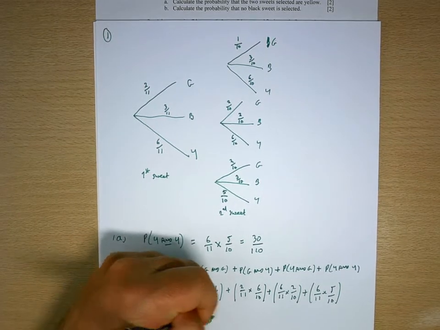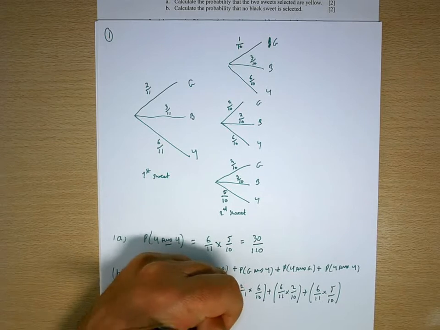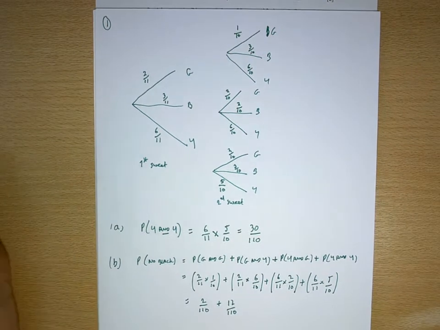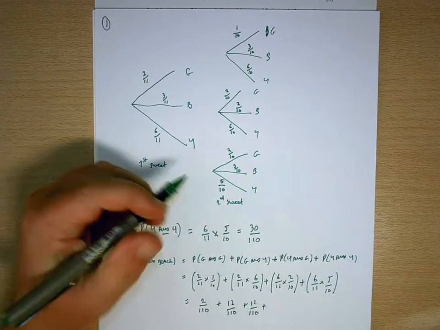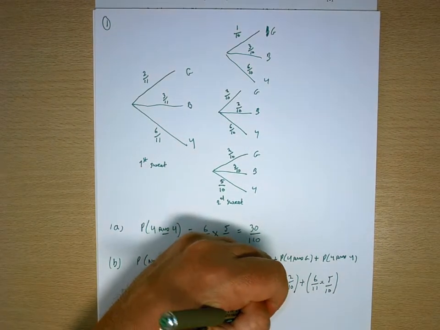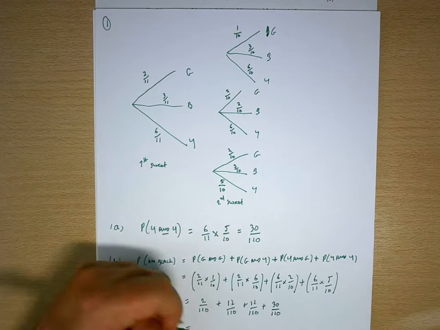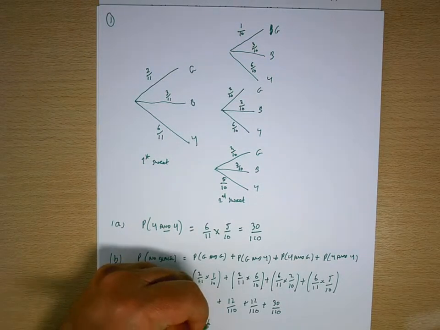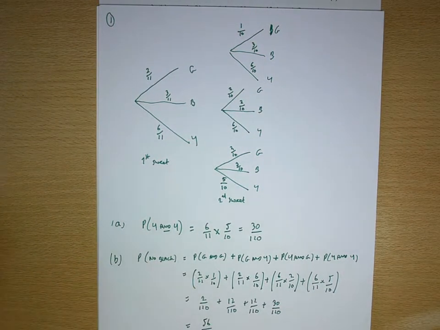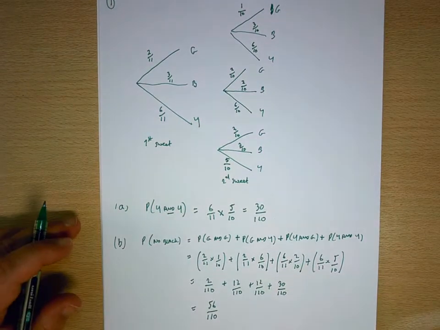So 2 out of 110, 12 out of 110, 12 out of 110, 30 out of 110. So that gives us 56 out of 110.